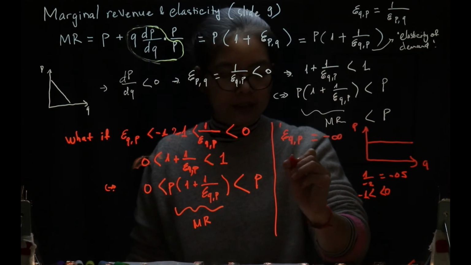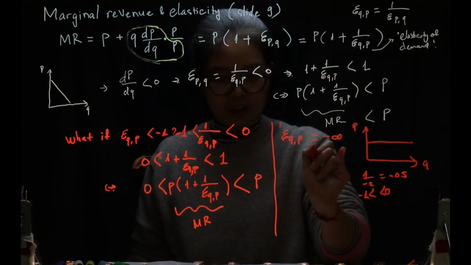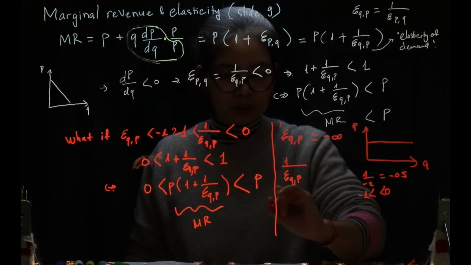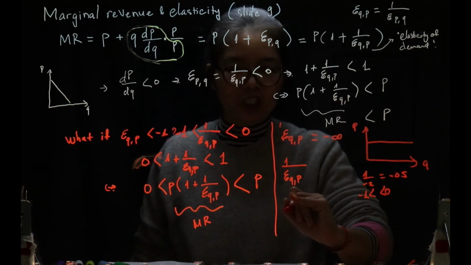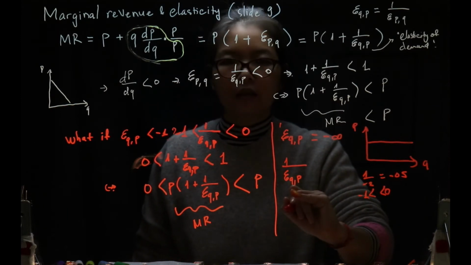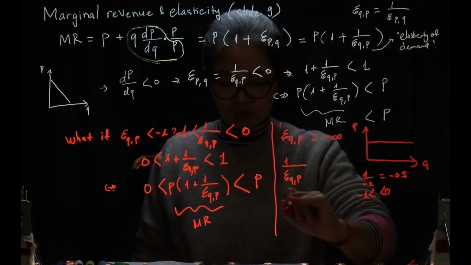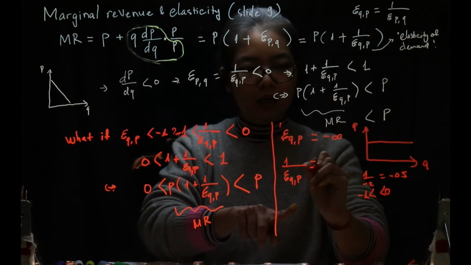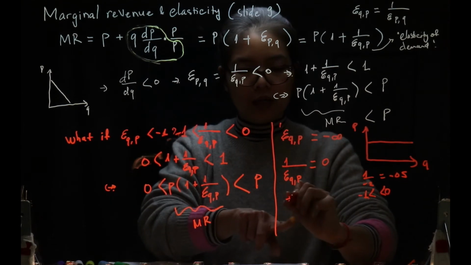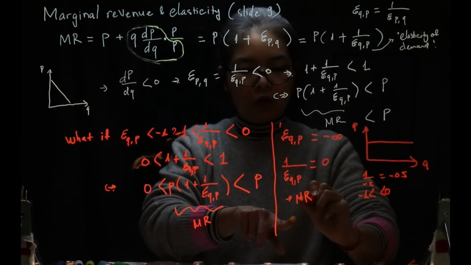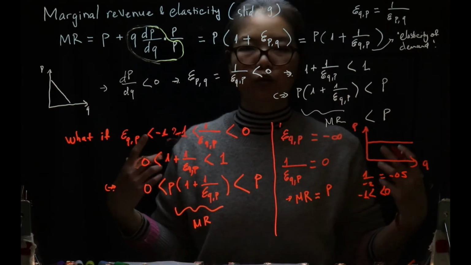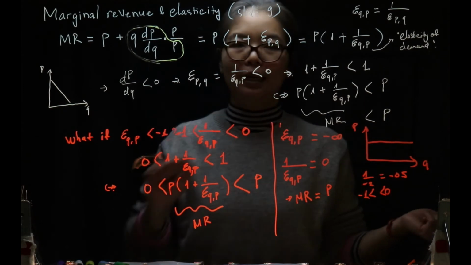So in that case, you have this infinity. So 1 over E Q P, because it's very, very large in the denominator, that would mean the whole term is 0. And again, the MR will converge to P again. So that is what's set on your slide 9.